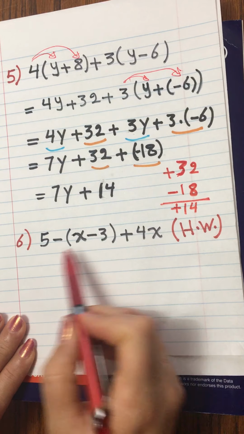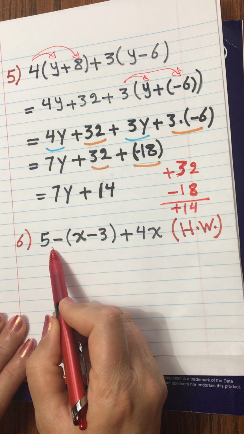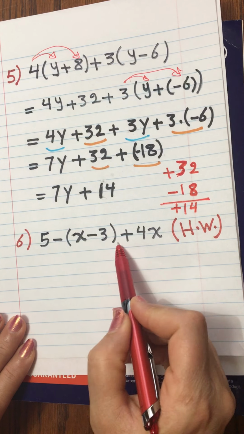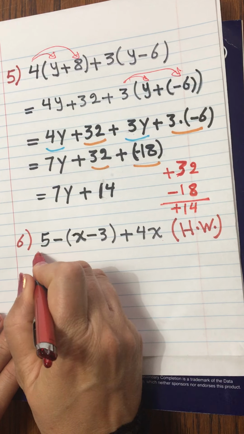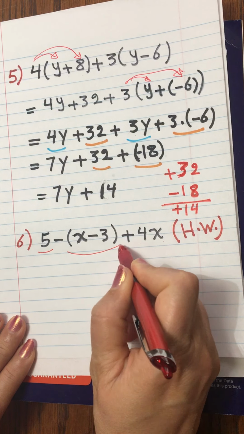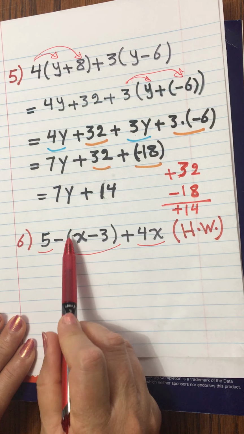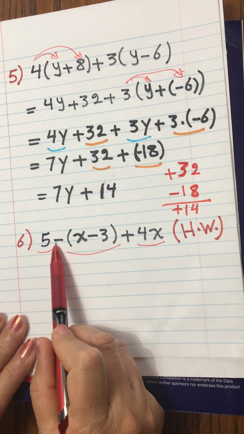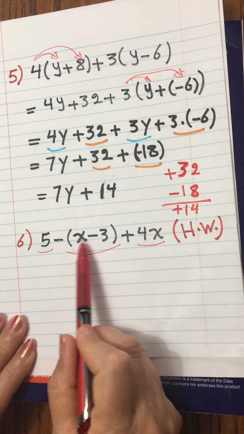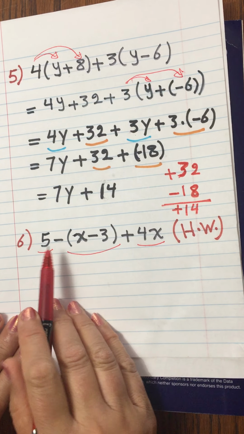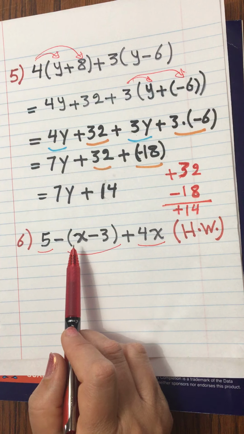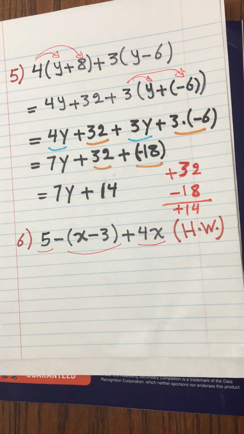And be careful, guys, we have 5. This is 1, 2, 3 terms. First term, second term, third term. And this term has negative before parentheses. So this negative is gonna change the sign inside parentheses. And we have a note for this question, guys.